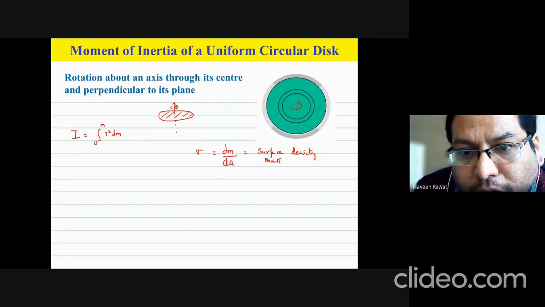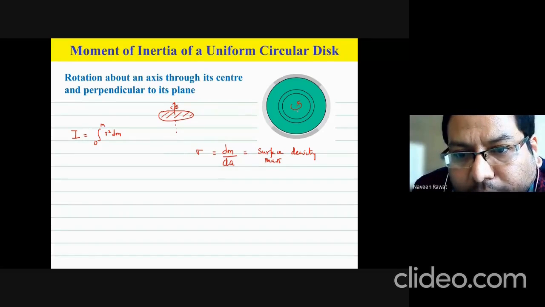If I start from this axis, that is my origin, and I go all the way to the radius of this disk, this value is r, so the total value is r. I can go in small steps in this direction. Let me call this axis the x-axis.